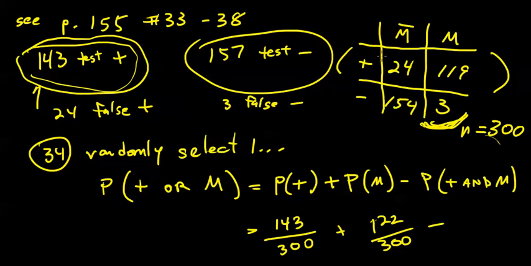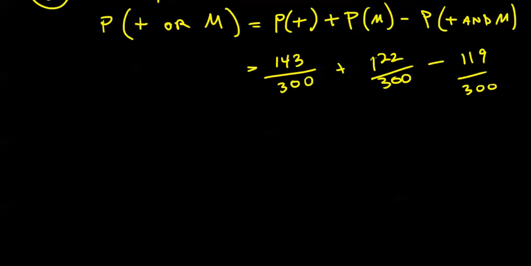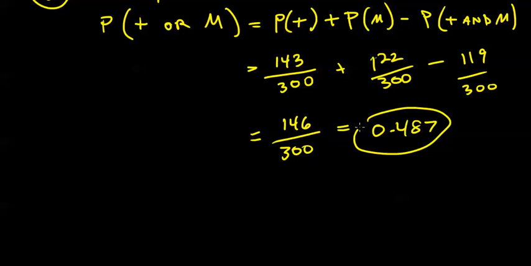And of course, if we add this row and this column, we're double counting the 119, so we're going to subtract off 119 over 300. Alright, all these fractions have the same denominator. That's nice. So all I need to do is add or subtract the numerators as indicated. I get 146 divided by 300, the result of 0.487.